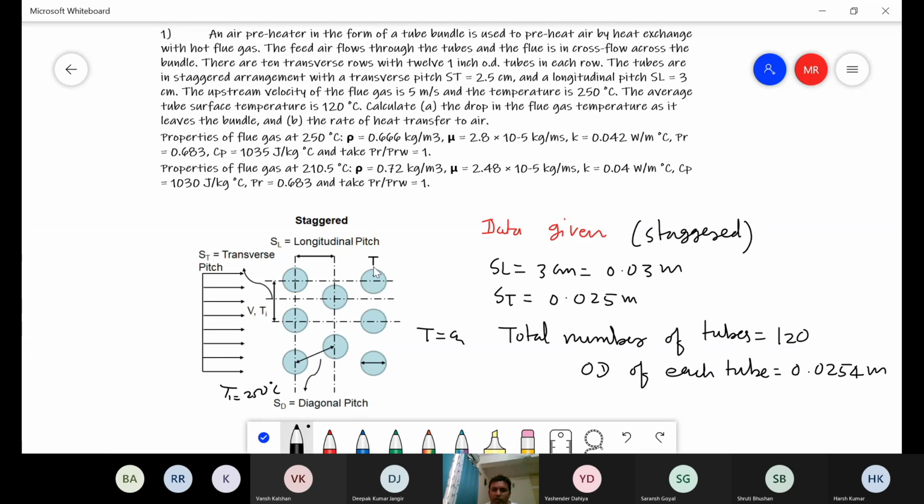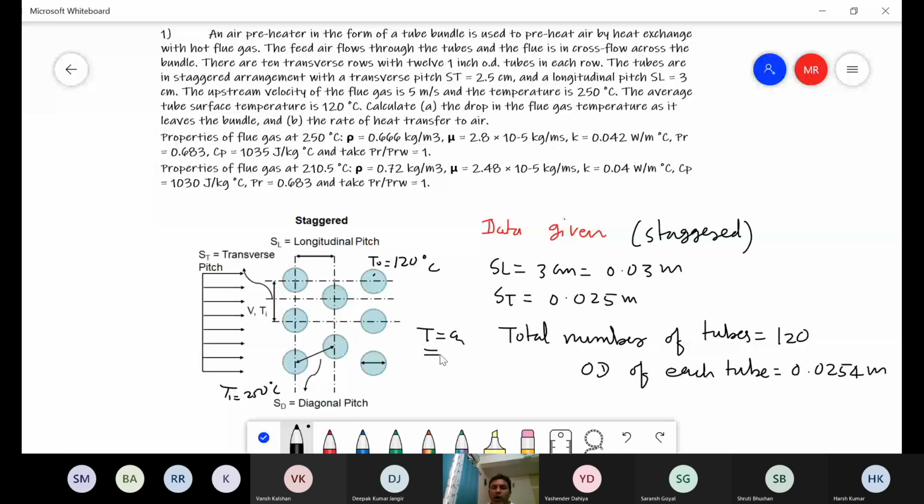So this T naught, the temperature of the fluid which is flowing through each tube, is 120 degrees Celsius. This is what has been given. Okay. Now what we have to find out is what this temperature is going to be. That is what we have to first find out, and then the rate of heat transfer to the air. Okay.